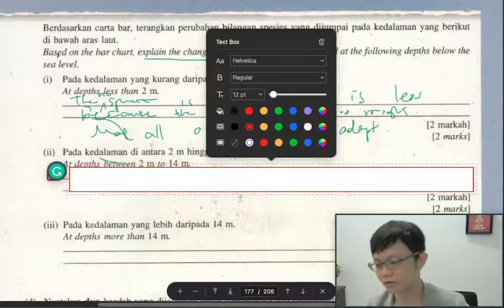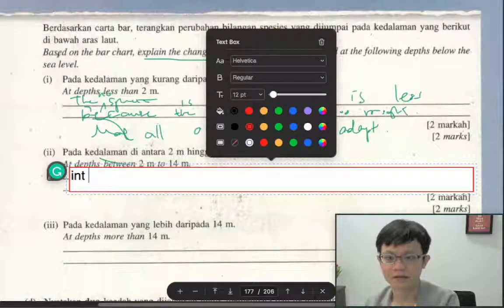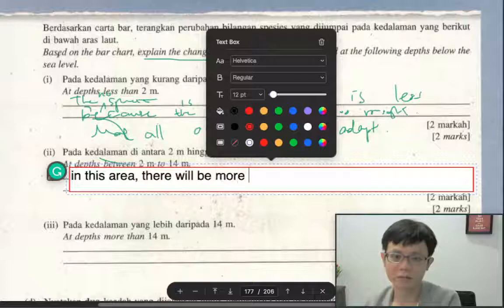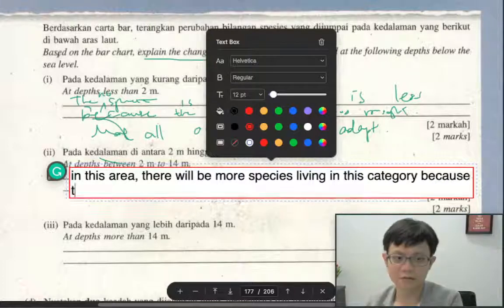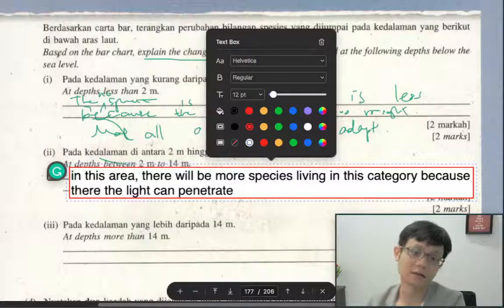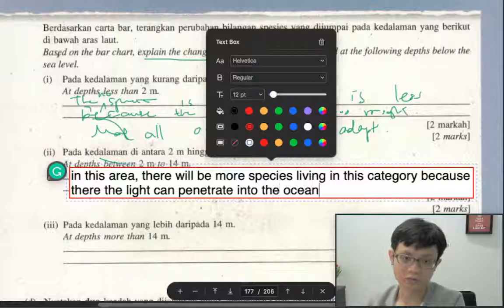Okay, so in this area there will be more organism, more species. The question says more species living in this category because the light can penetrate into the ocean.